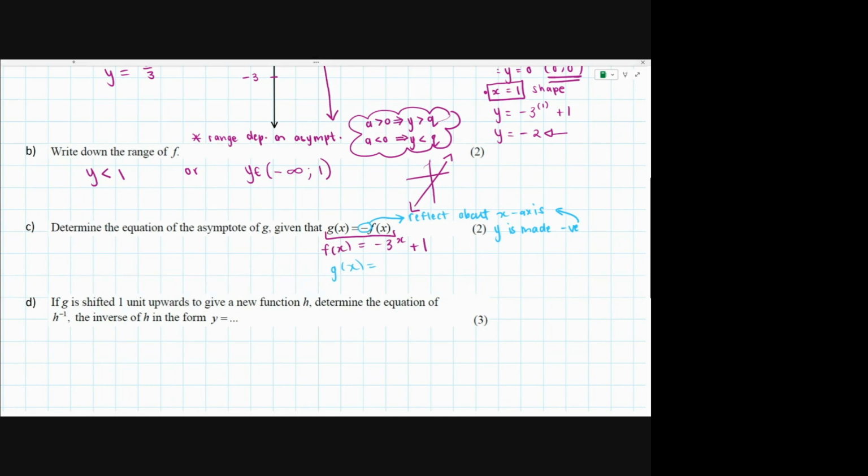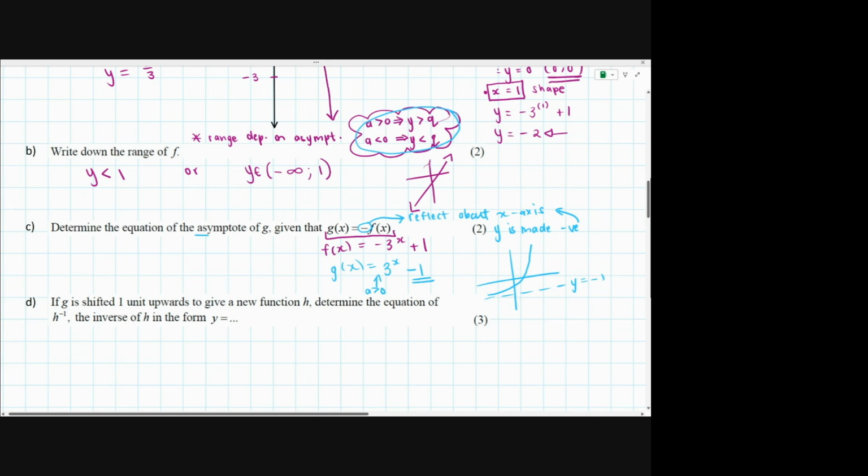And so what that means is that g of x is now negative 3 to the power x, plus 1. And we've just said that if we want to write down anything to do with an asymptote or a range, this q value in my formula is very important. And so now we know we have an exponential function where we have an asymptote at y equals 1, but now my graph is going to be below it, because a is now negative.